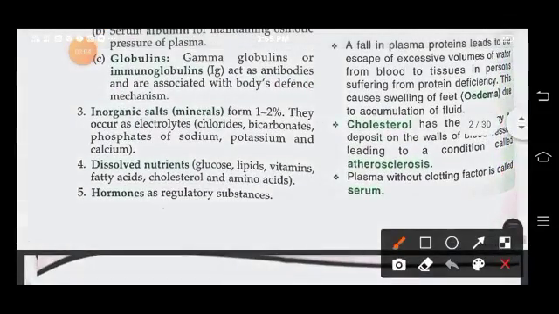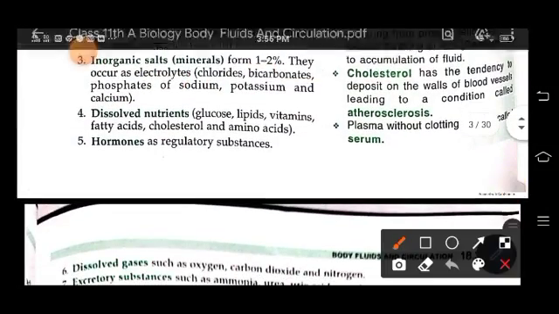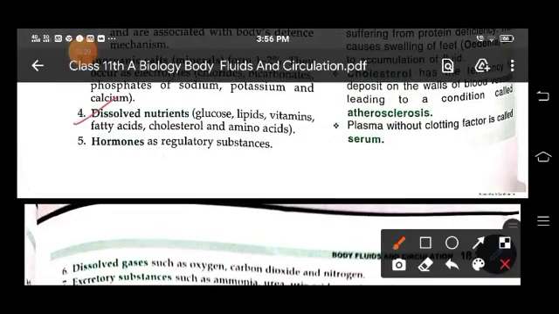It also contains inorganic salts, which form 1 to 2%. They occur as electrolytes in the form of chlorides, bicarbonates, and phosphates of sodium, potassium, and calcium. It also contains dissolved nutrients like glucose, lipids, vitamins, fatty acids, cholesterol, and amino acids.